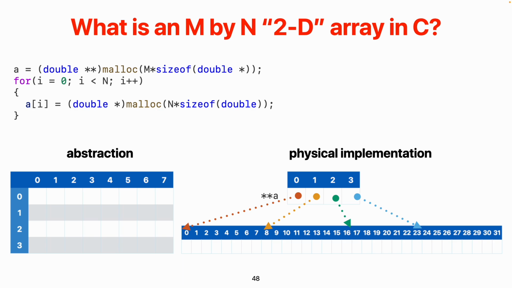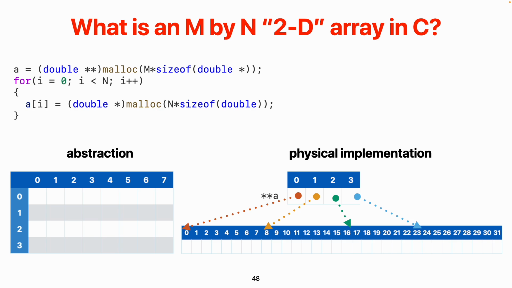And each one, like A0, is actually a pointer to this location, which is an array led by A0. And A1 is also a pointer to another part of the space.